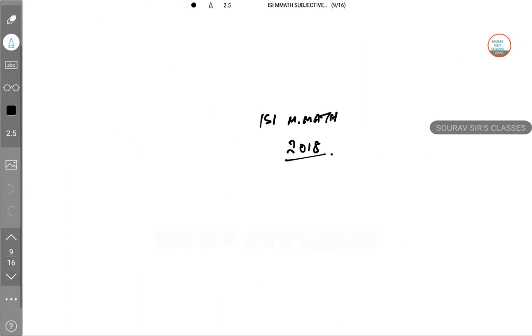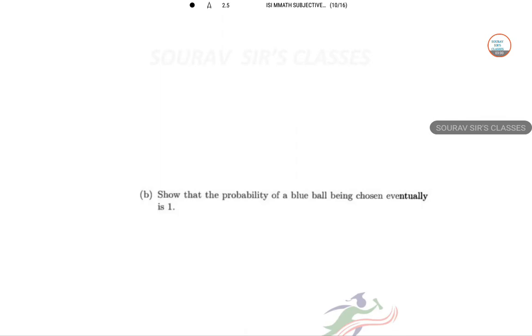Now let's take a look into the second part: the probability of a blue ball being chosen is eventually 1. So if the blue ball is never chosen, then X greater than n for all n.